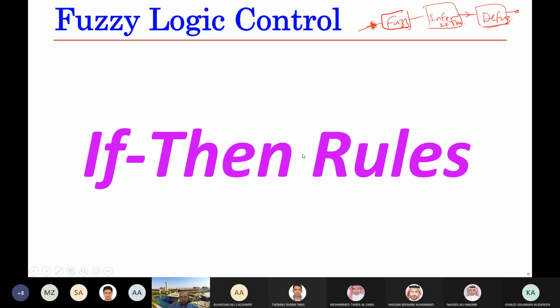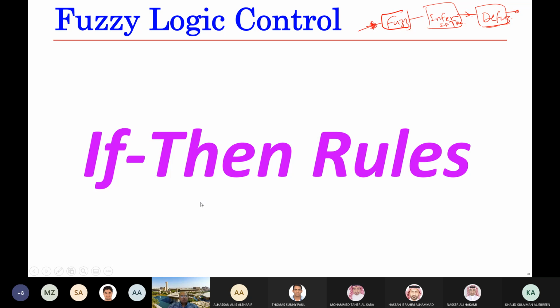We also discussed the fuzzy sets and the crisp sets, and we highlighted the difference between them, and also the operators that can be implemented on fuzzy sets: and, or, and not.